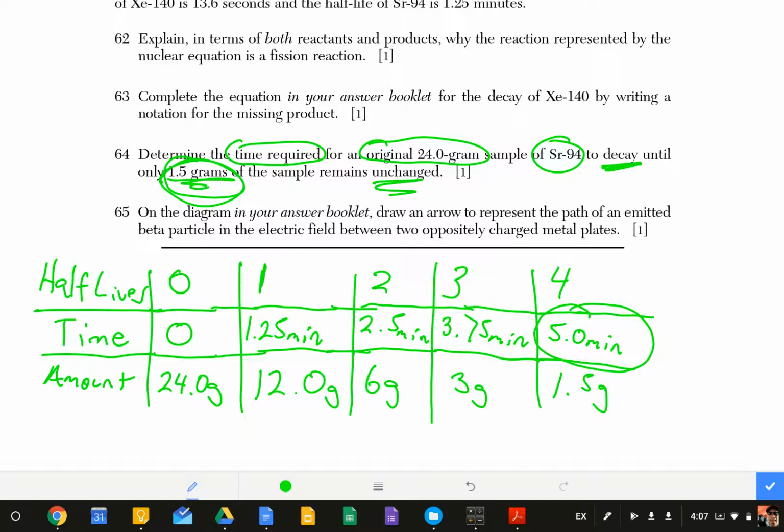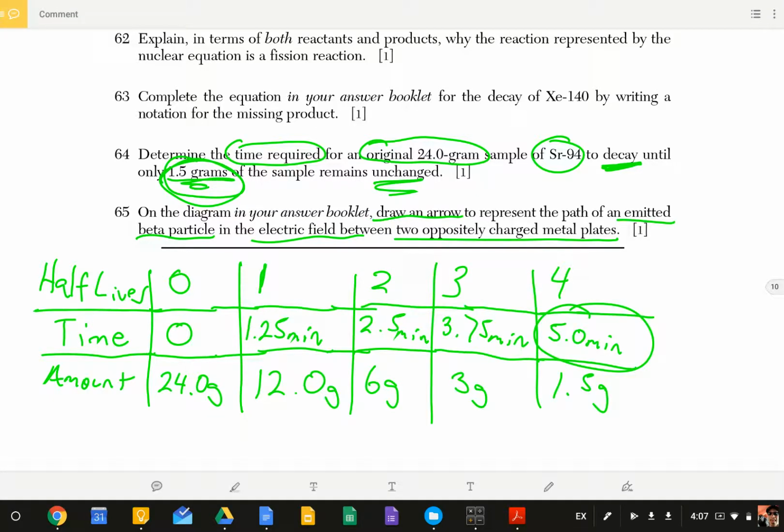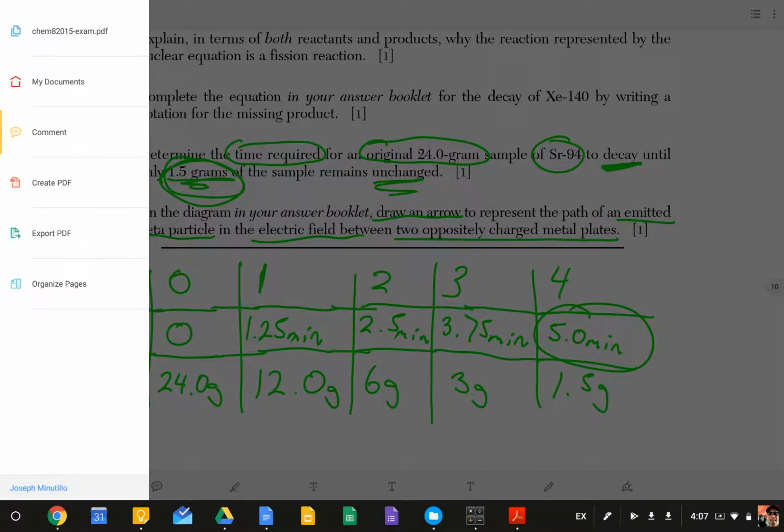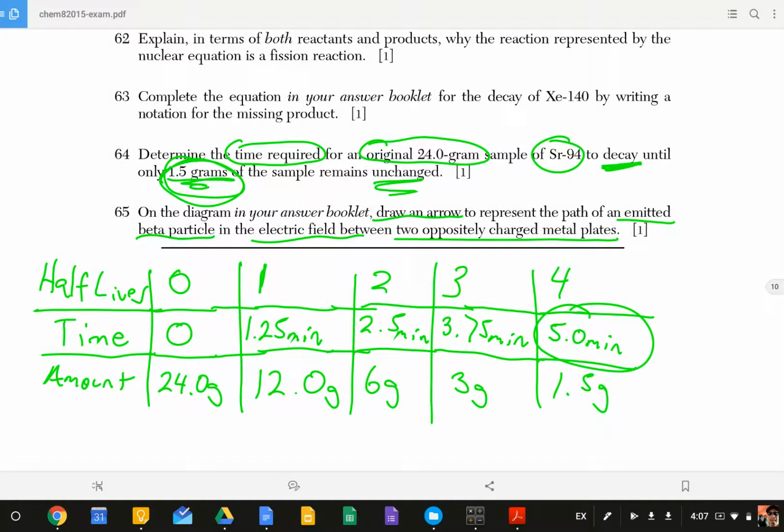So question number 65. And again, I'll have to go back to the answer booklet. It says, on the diagram in your answer booklet, draw an arrow to represent the path of an emitted beta particle in the electric field between two oppositely charged metal plates. Okay, let's find question number 65 on the answer booklet.